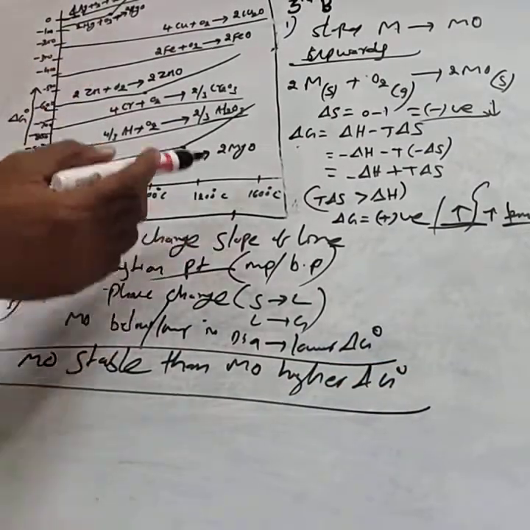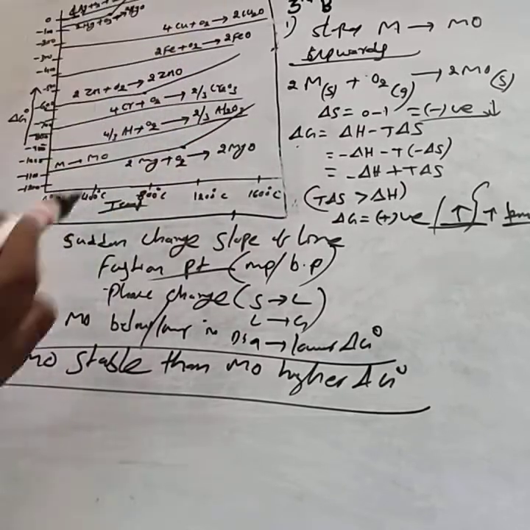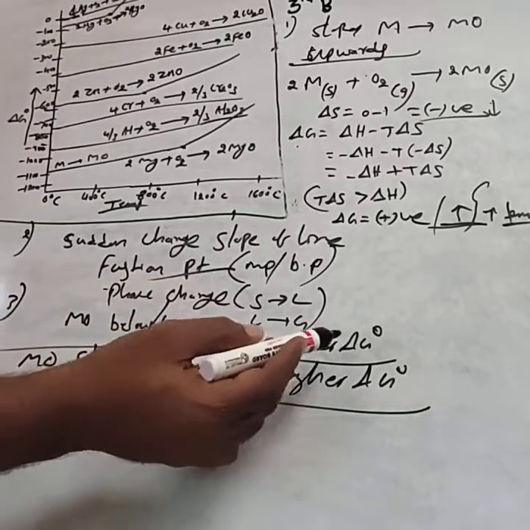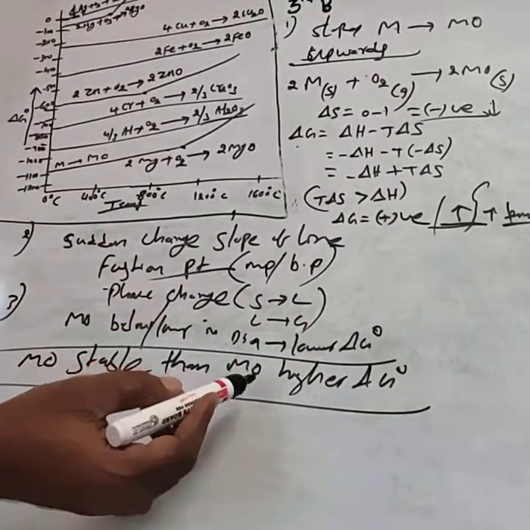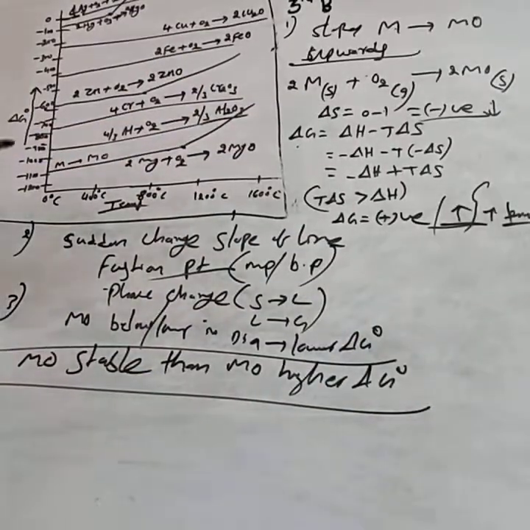If they give two metal oxides and their delta G naught, they can ask which one is more stable. At that time, you have to consider that the metal oxide with the lower delta G naught value is more stable than the metal oxide with the higher delta G naught. They are considering the negative sign.